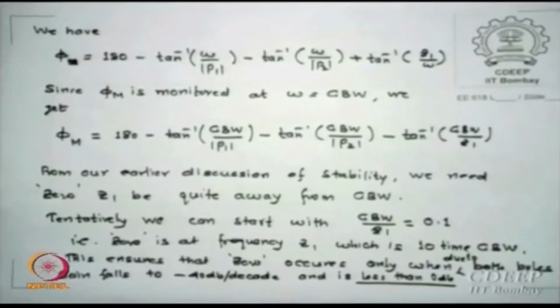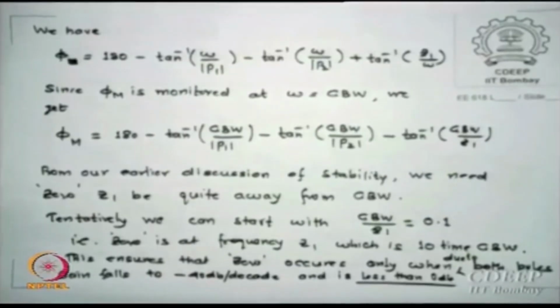We also said this morning that typically we expect the zero, from the sigma j omega axis plots we plotted, to be in the right half plane and as far away as possible from GBW. What is the criteria we said then?